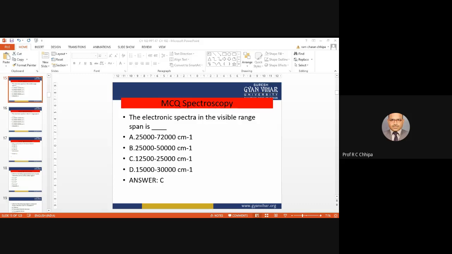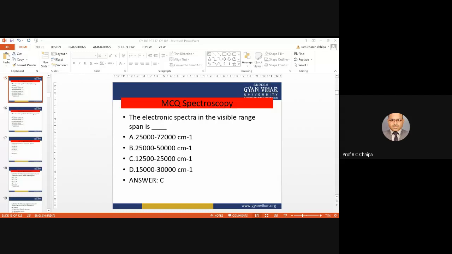In case of visible radiation, the wavelength is roughly approximately 400 to 800. Red is about 700 nanometer, and violet is about 450 nanometer. So 450 nanometer is the wavelength for blue.